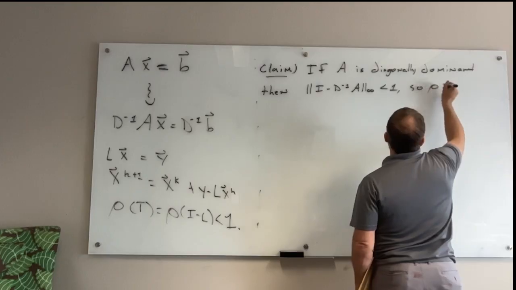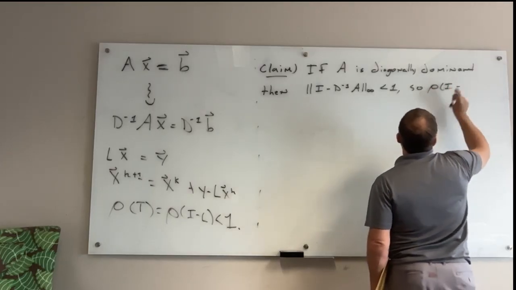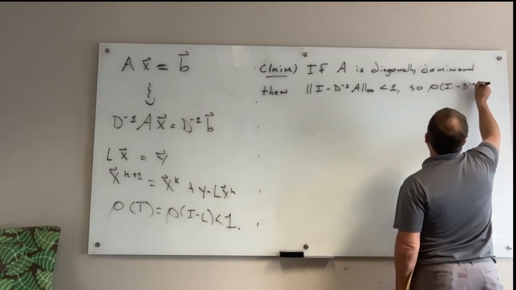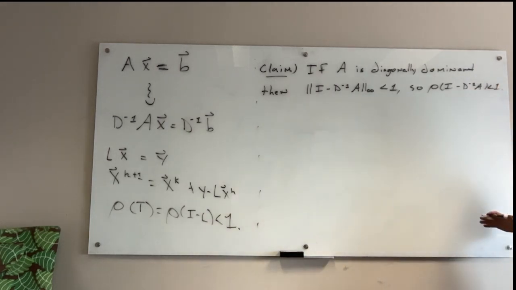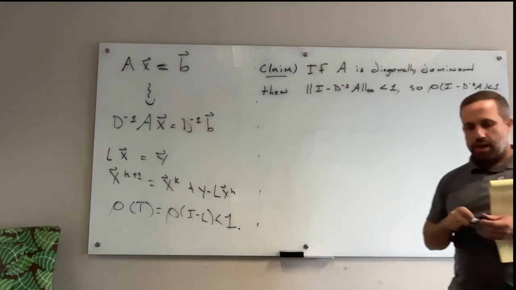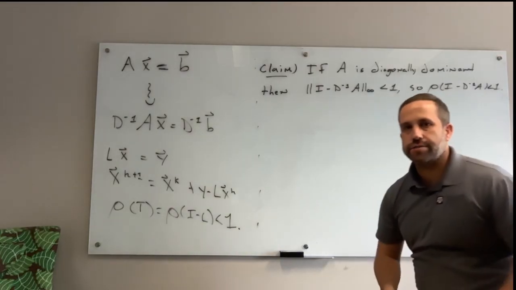This implies that the spectral radius of I minus D inverse A is less than 1, and I'm not going to write it, but that would imply that for this matrix, the Jacobi iteration method is going to converge.